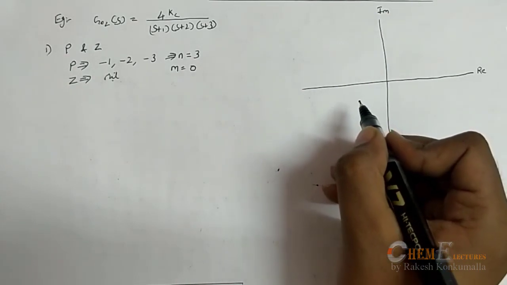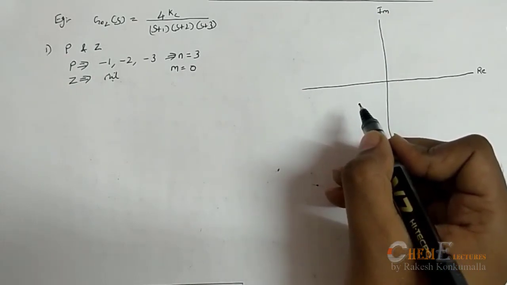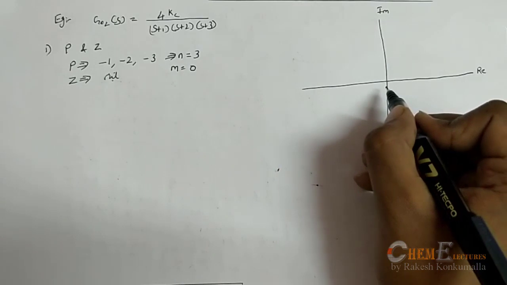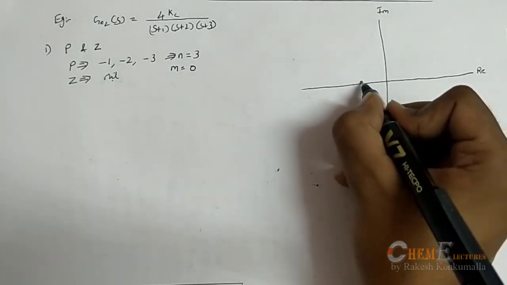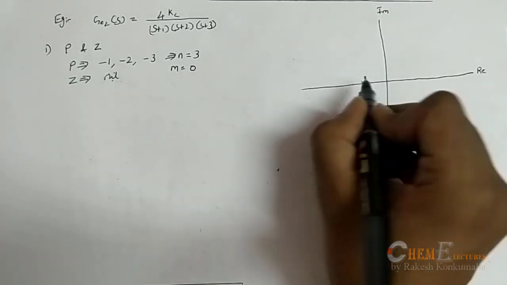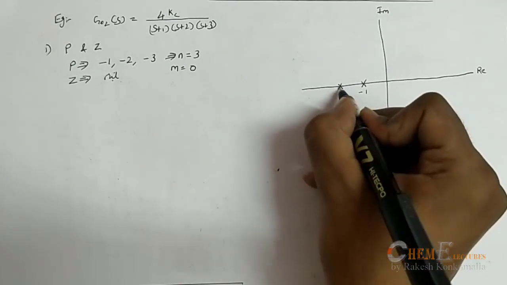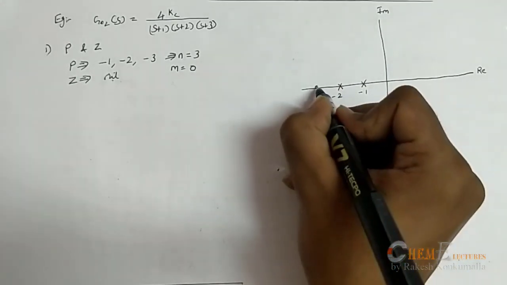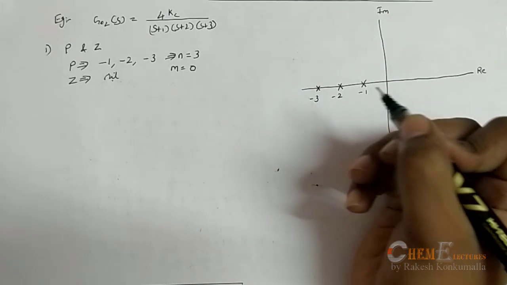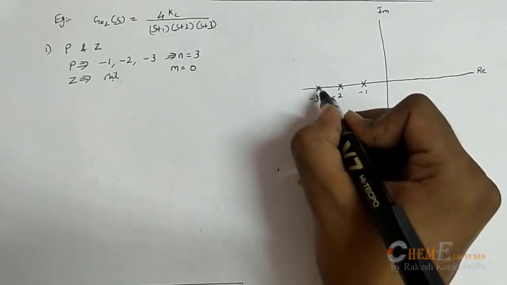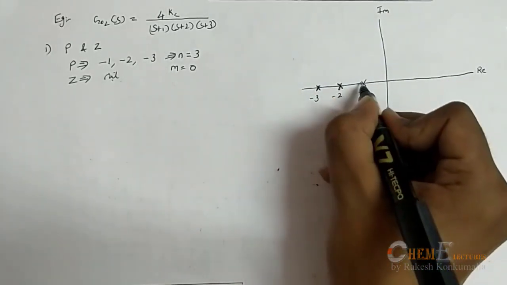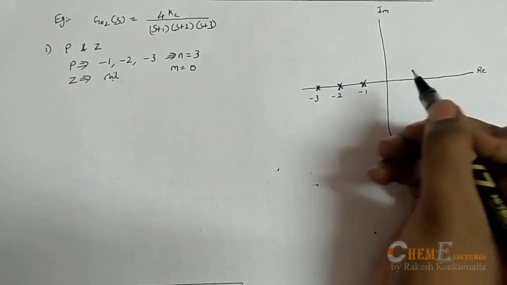Next, you need to locate these poles and zeros in this graphical representation: minus 1, minus 2 and minus 3. I have marked the poles with an X.